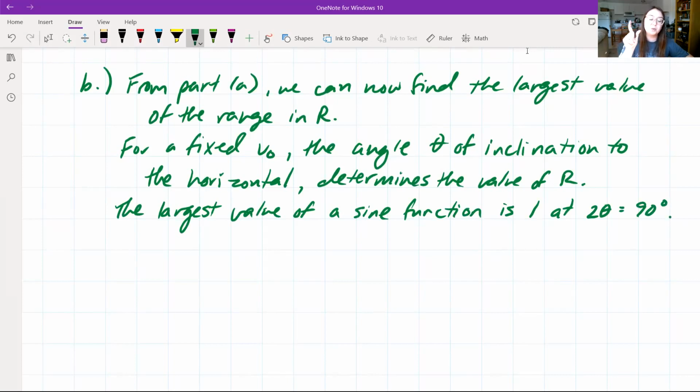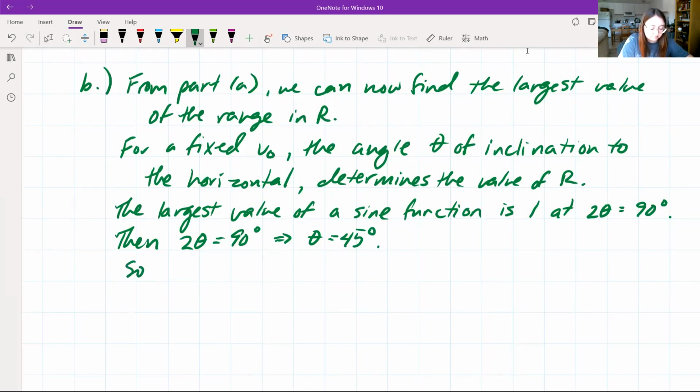Since we're working with 2 theta, we know that our largest value of a sine function is 1 and it's at 90 degrees. But since we have 2 theta, this means that 2 theta is equal to 90 degrees. Then, if 2 theta is equal to 90 degrees, this means that theta is equal to 45 degrees for our problem.